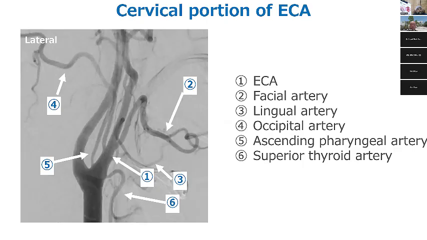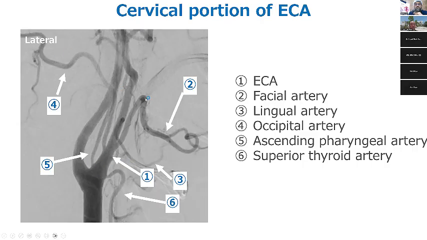Then we move on to external carotid angiography. The ECA has several branches at the cervical level, like this slide. Number one is the main trunk of the external carotid artery. This is the lateral view, and this is the ICA.